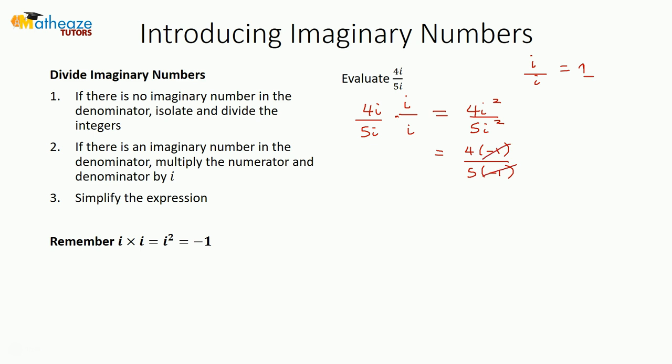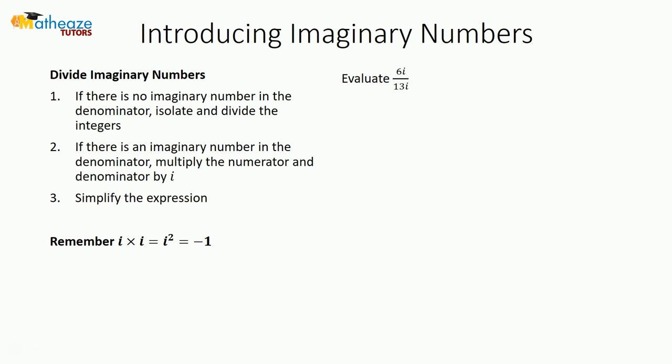So we can cross this out, and it's going to give us 4 over 5. Some may say you can just cross out the i, but I usually don't subscribe to that approach. I like to show that you actually have a process to follow to eliminate the i from the denominator.